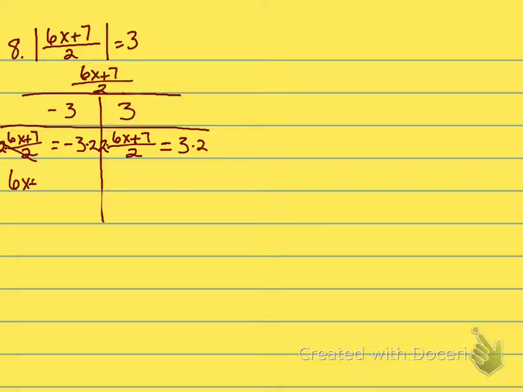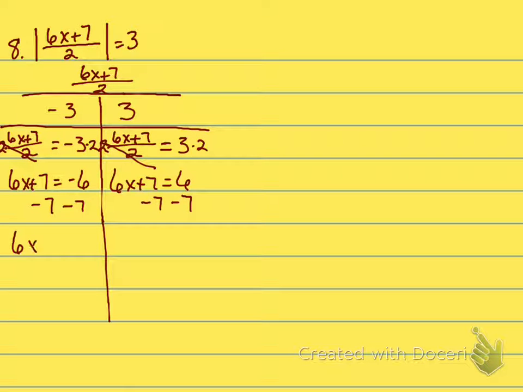We're going to multiply both sides by 2, and we're going to do that on both sides of the t-chart. That'll give us 6x plus 7 is negative 6, and 6x plus 7 is positive 6. Subtract 7 all the way across the board.